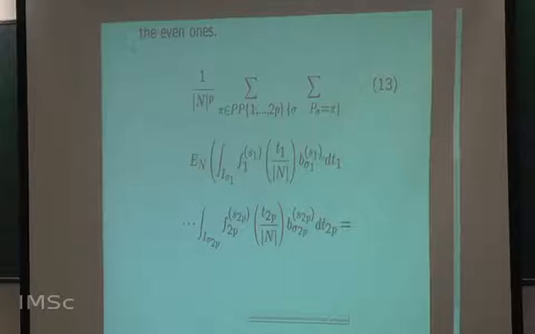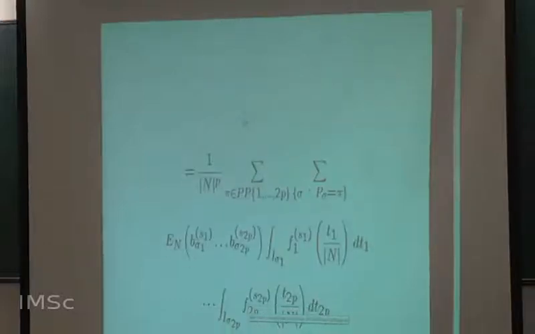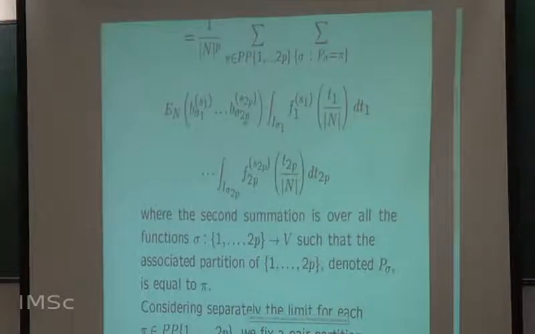Again, we separate the algebraic part from the t part, and we write such an expectation value. The sum will be, for the moment, always the same. The sum will be over all pair partitions, but now we have separated the algebraic and the integral part. Okay?